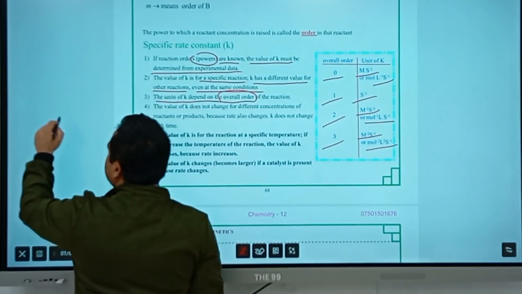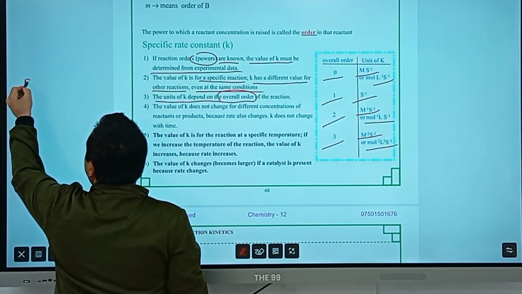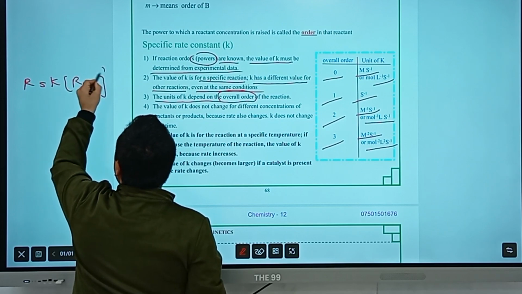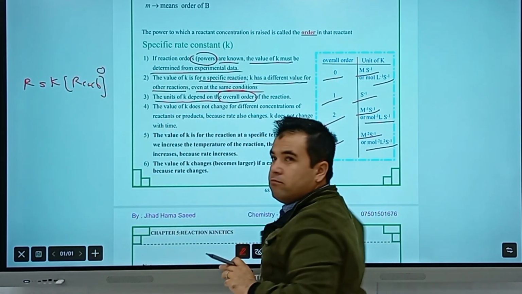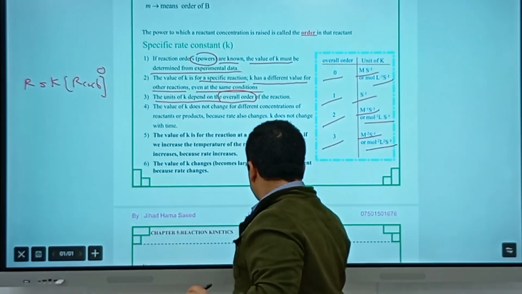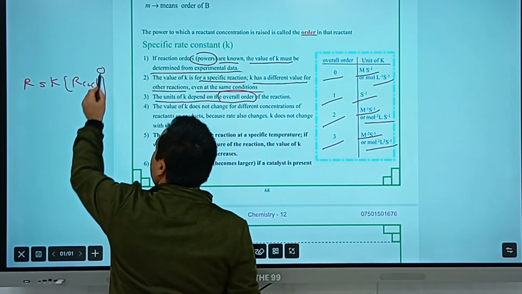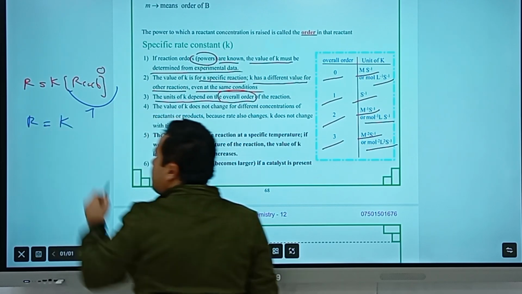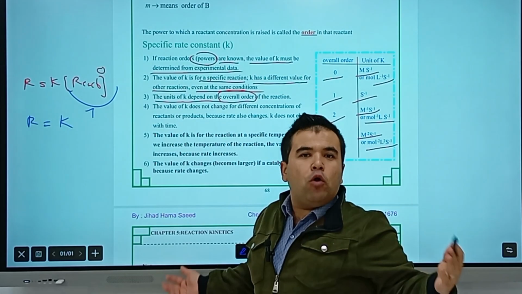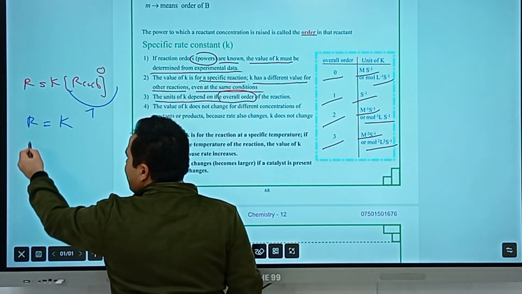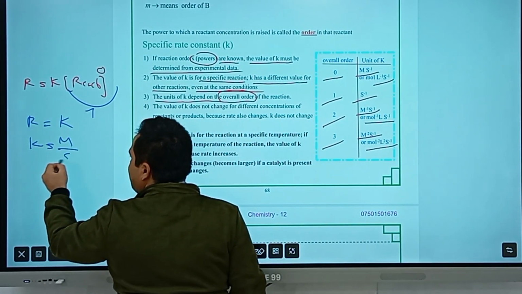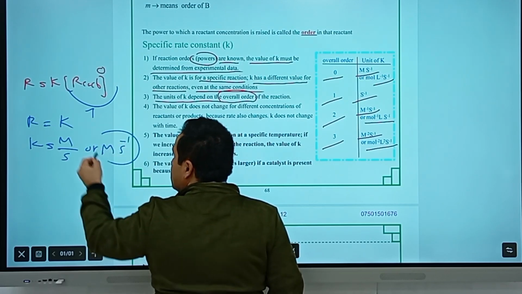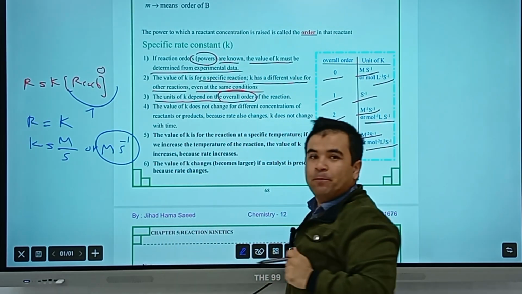Let me show you how we derived those units. R is equal to K, the reactant concentration to the power of 0. The first one. That's the overall order of 0. Guys, if something is to the power of 0, it will be 1. So in this case, R is equal to K. What's the unit of R? It is molarity per second. K, in this case, is equal to molarity per second, or M s minus 1.